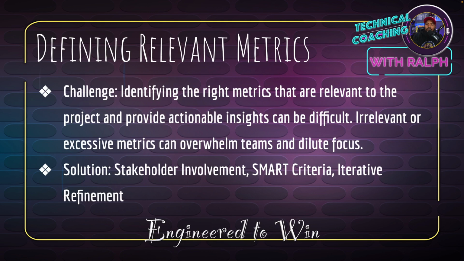Specific, measurable, actionable, relevant, time-based criteria. Those are what your metrics should be focused on. And then iterative refinement. That means that you continuously look at what metrics you're considering as relevant and see if that's still the case. And if it's not, then you get rid of it. If it is, you keep it. If you see something else that's relevant, you bring that in. All right. So that would be a solution for defining relevant metrics.